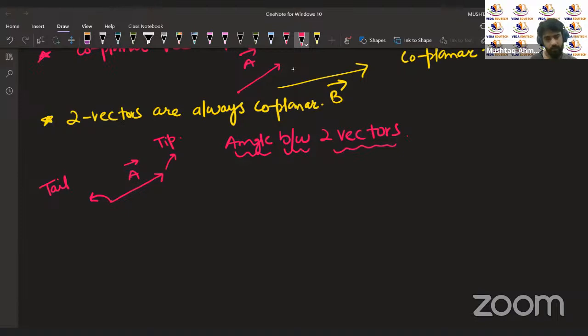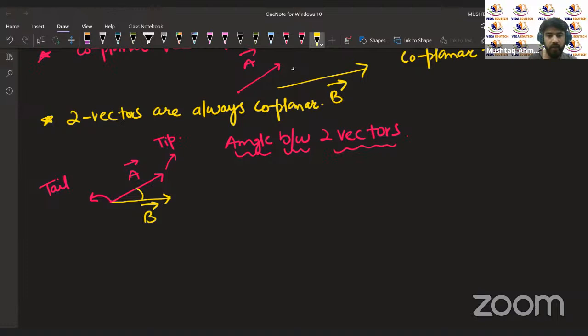Suppose I have a vector B here, like this, and the tails of the two vectors are joined.